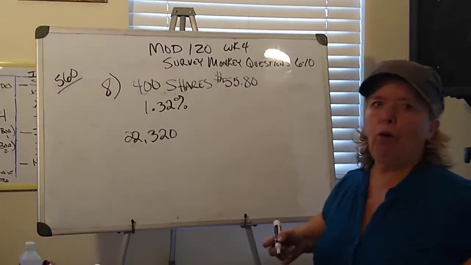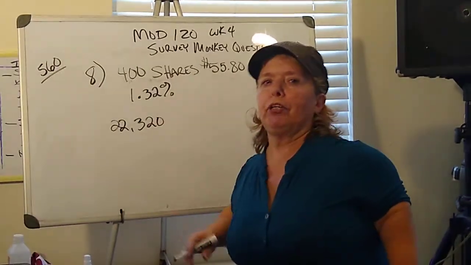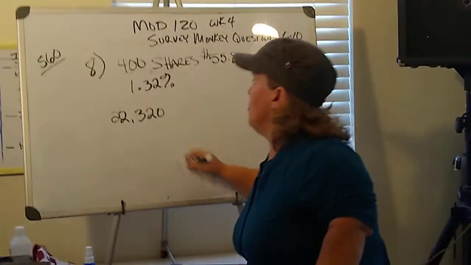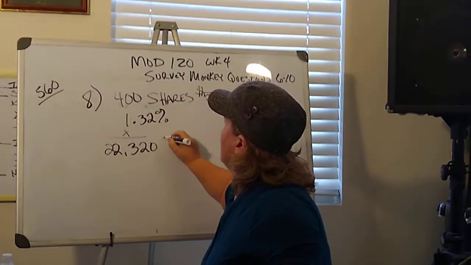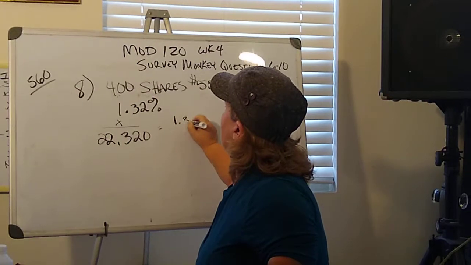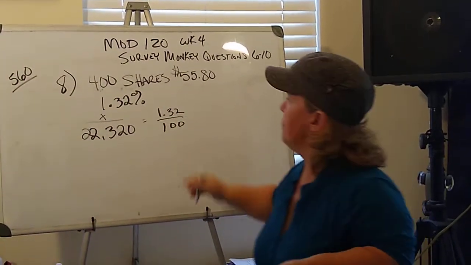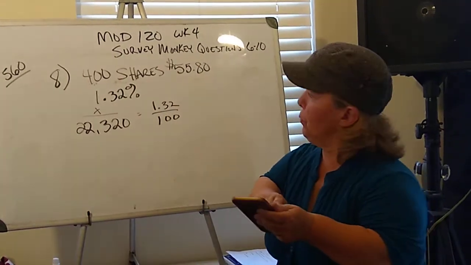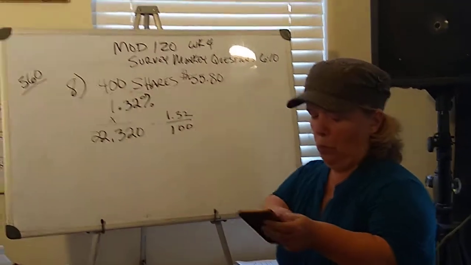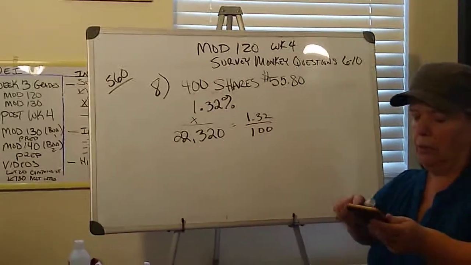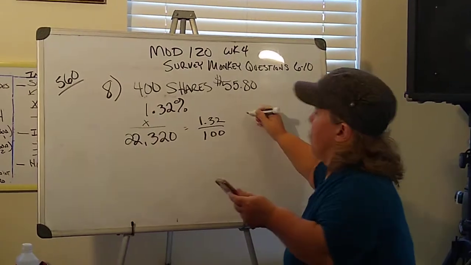But then we need to figure out what the commission is going to be. So the commission is going to be 1.32%. So let's do our little x over there equals 1.32 over 100. Okay? Cross multiply. 22,320 times 1.32 equals, and then divide by 100 equals. And I get a number that looks like this.